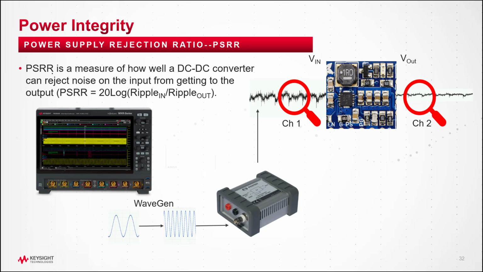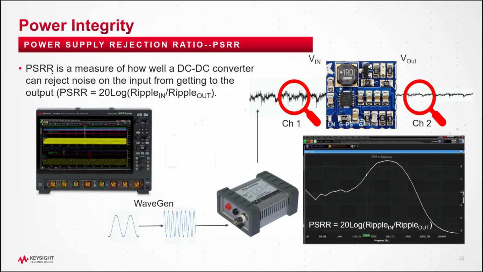Then the wave generator function is controlled by the software and it will step a tone through there. So it'll inject a tone, increment the tone, inject the tone, and it will sweep this across the frequency range that you specify with the number of data points that you specify. And then the scope automatically calculates and presents to you in a tabular form and in a graphical form the power supply rejection ratio.